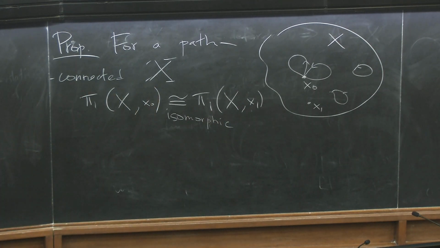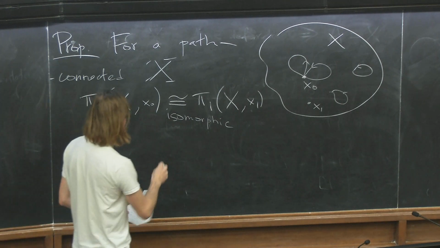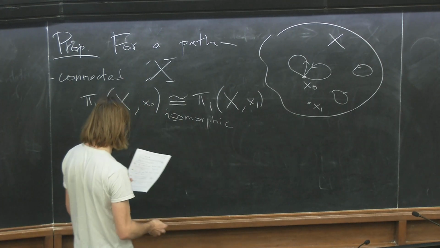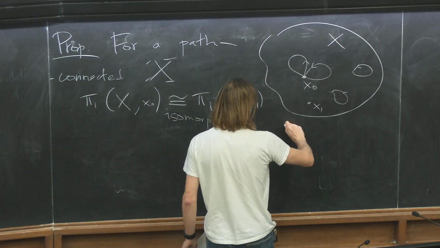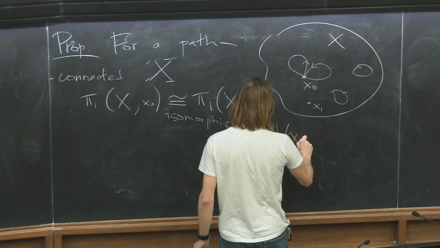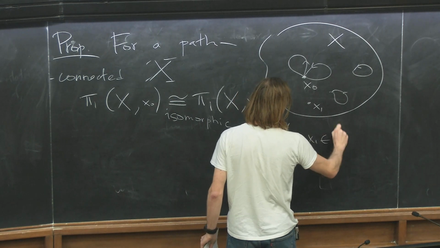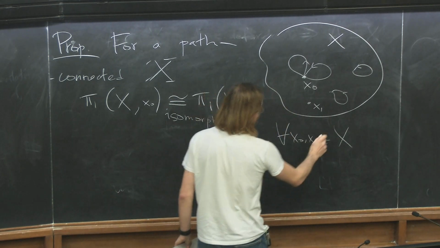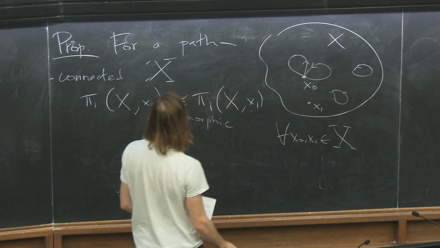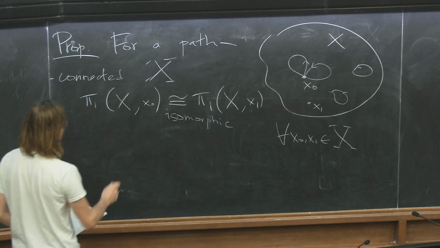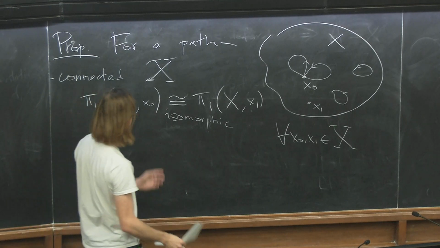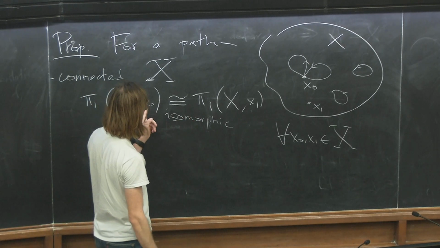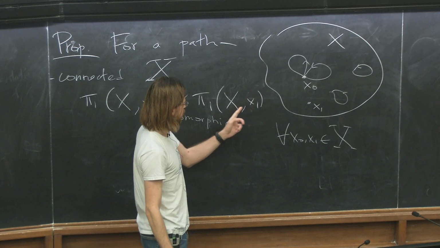If you only care about the group up to isomorphism, then essentially this is the same group. This holds for any pair of points x0, x1 in the path-connected space X. In principle, as you will see from the proof, it's enough to require that x0 and x1 are in the same path-connected component.